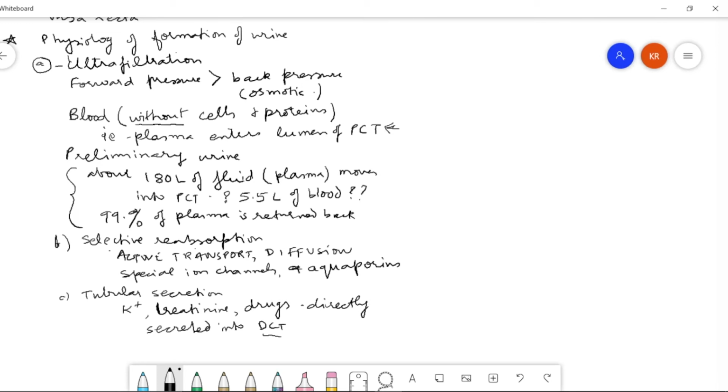Many of these substances will get directly taken into the tubules of the DCT.